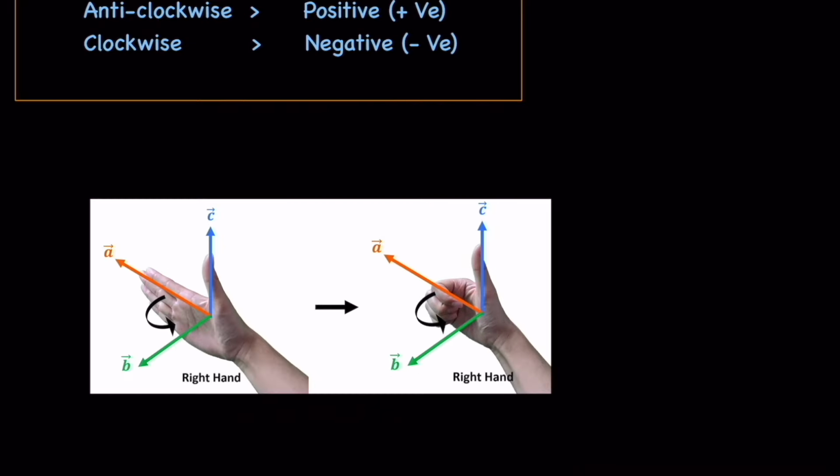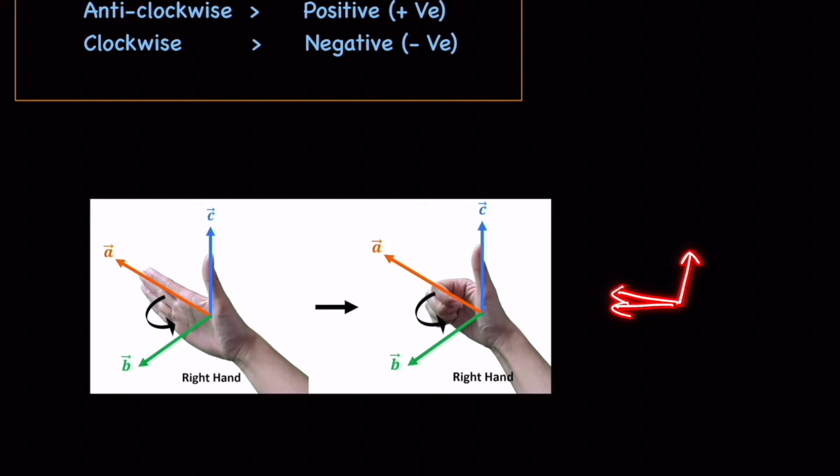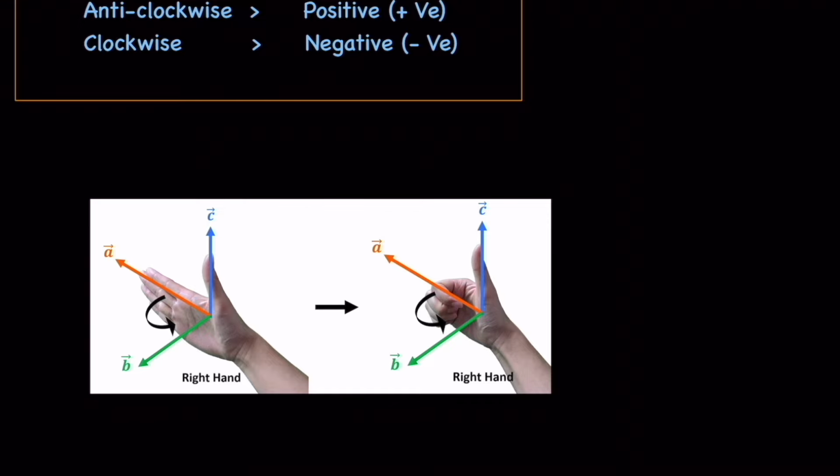With the help of one rule, we can also identify when the moment of force is clockwise or anti-clockwise. For this rule, take your right hand, keep the thumb in the upward direction and the rest of the fingers in the horizontal direction. And just try to close all four fingers. You will notice that when it is an anti-clockwise rotation, the thumb is in the upward direction.